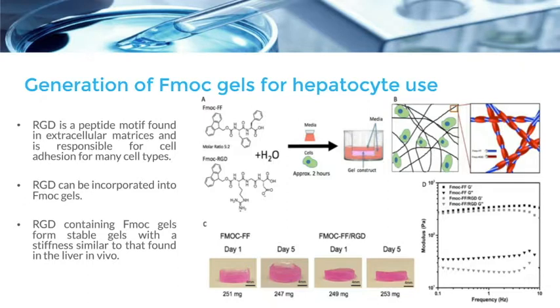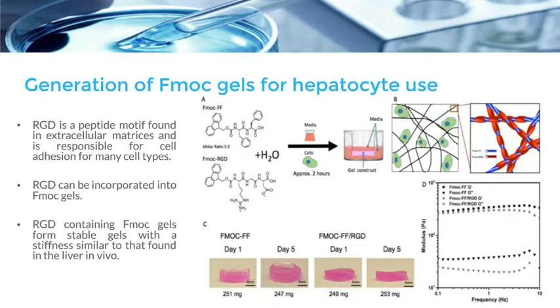What I want to show you here is that we can take gels that are made with or without this functionalized component, the RGD peptide motif. We can rapidly make these gels with the hepatocytes embedded within them, and show that these gels can maintain their structure over time in vitro.